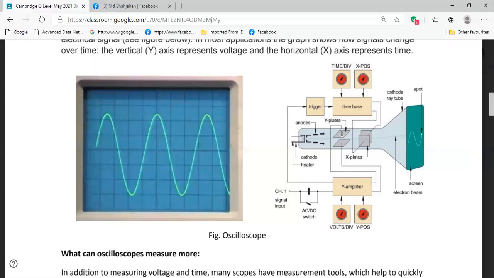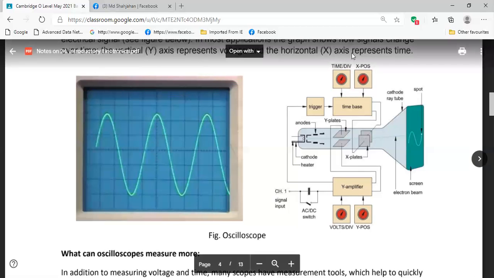And look here, Y plate is connected to the voltage per division, and X plate is connected to the time per divisions. Is it clear? Yes, sir. So here we need mostly these things.